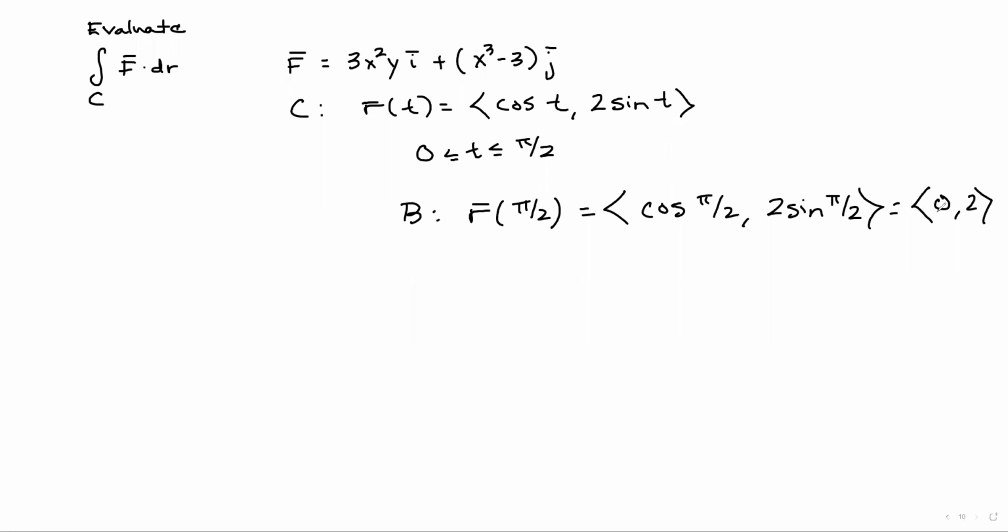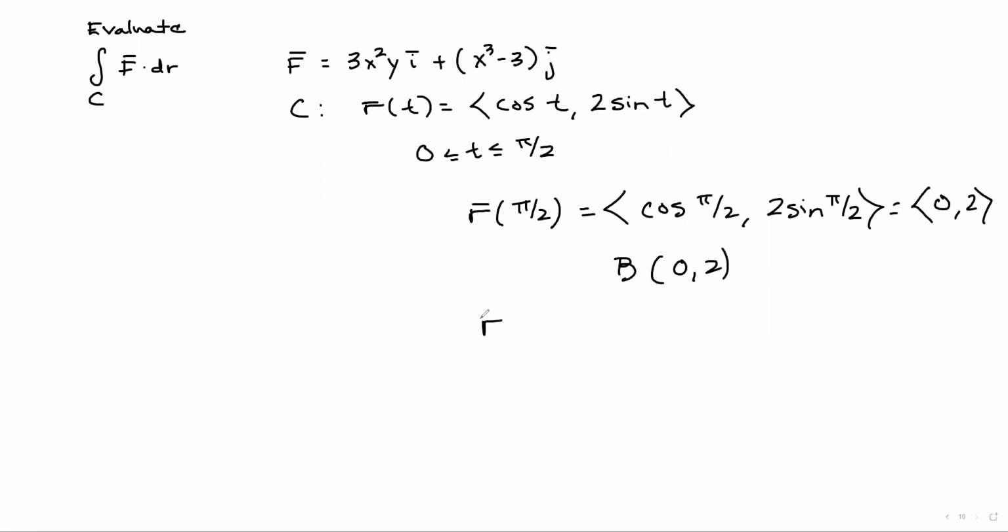So for B, we get the vector 0, 2. That just means we end up getting the point 0, 2, right? The vector starts at the origin, and if you have a vector that starts at the origin that is 0, 2, then it terminates at the point that corresponds to the vector. Thus B is 0, 2.